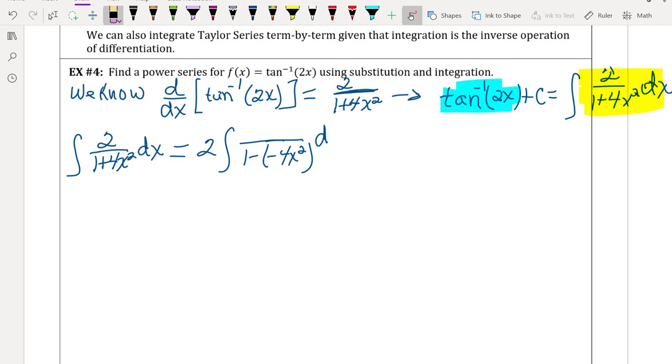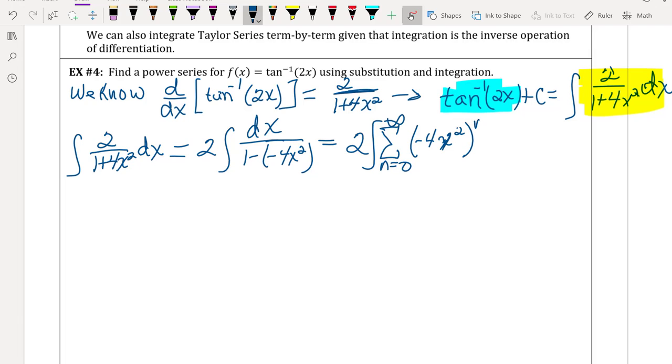I already put my 2 out front. So this is going to look like this. We have our 2, and then we're going to have our integral, and then our summation, and it's going to be our geometric series set up. And then our dx.